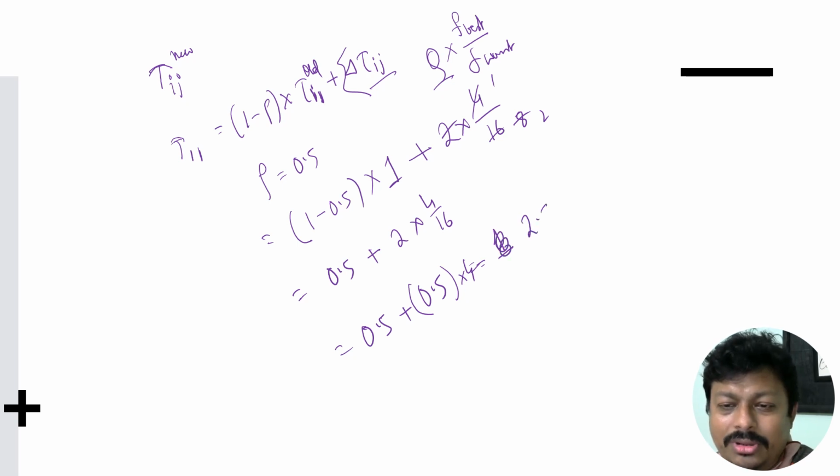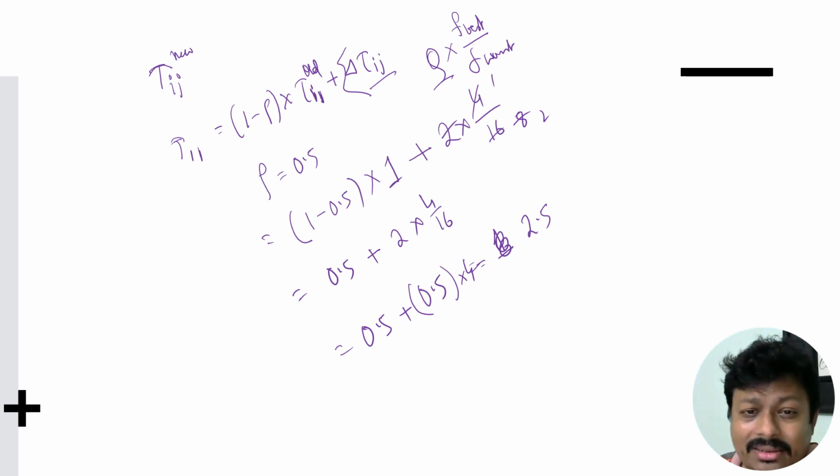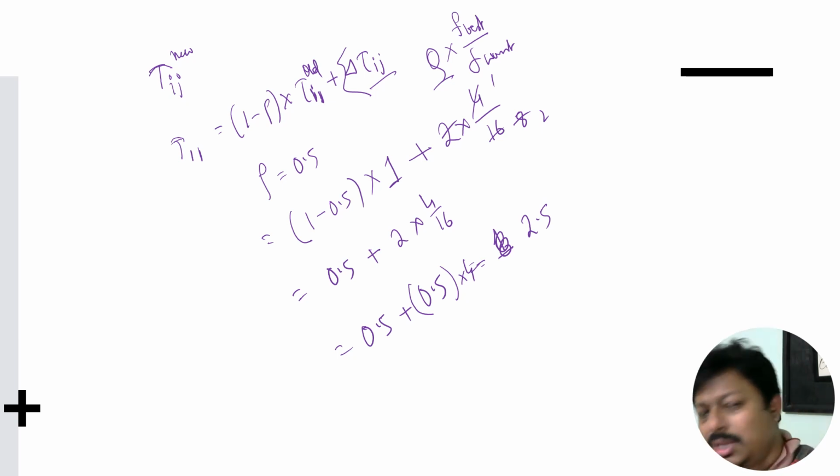So ultimately this will be 2.5. Correct, because you see, it is 1 minus rho into tau old. So tau old is 1 for all the paths, whether it is the first path, second path, third path, or fourth path. For all these 4 paths, the tau old is 1. 1 minus rho is the same, 0.5. And this del tau will also be the same, 4 by 16 and these things.